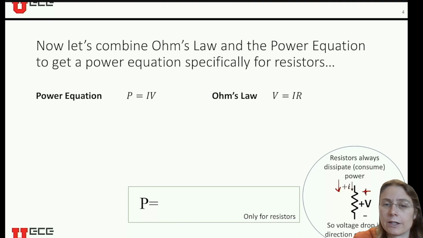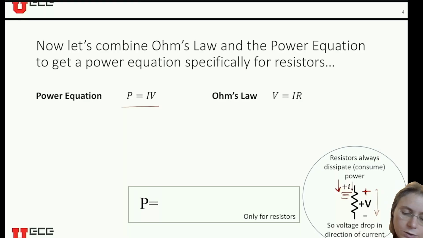We'll talk more about that later. But this will always be true that for resistors, the direction of the positive current flow will be the more positive side of the resistor, and then the resistor basically loses voltage or loses energy in the direction of positive current flow.